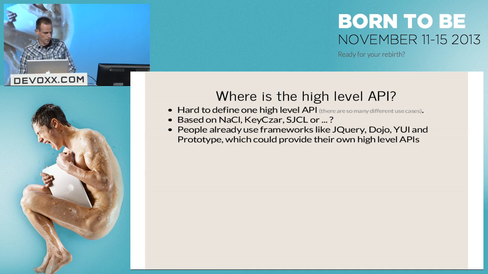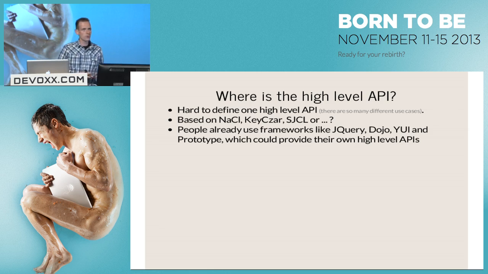And then after some discussions, we came to a conclusion that almost everybody that is creating a website is already using frameworks like jQuery, Dojo, YUI, Prototype, or other things.